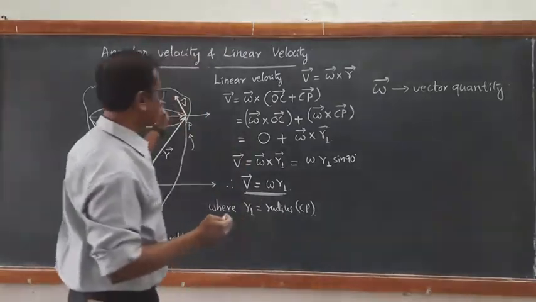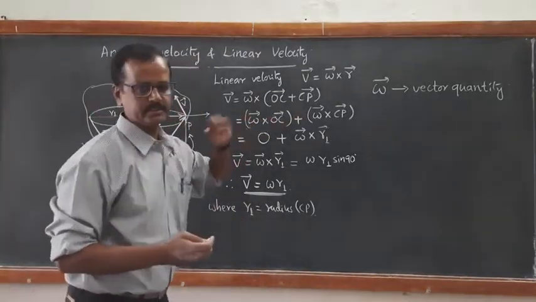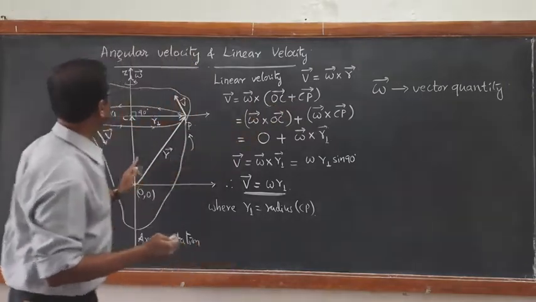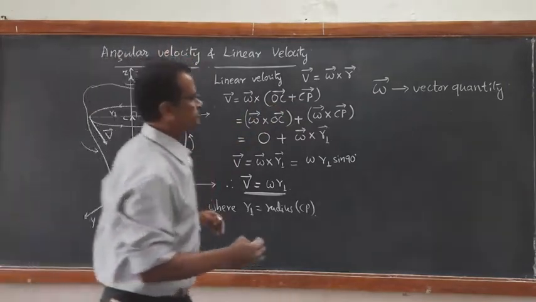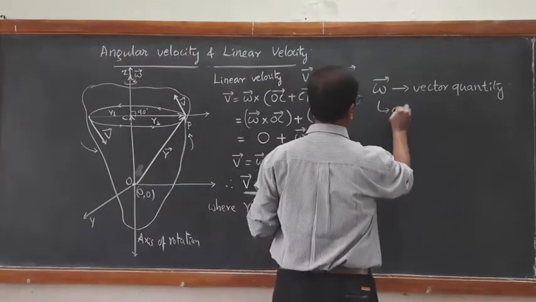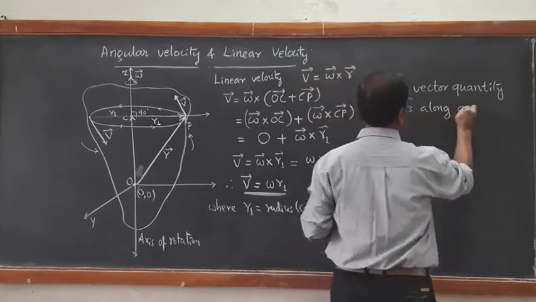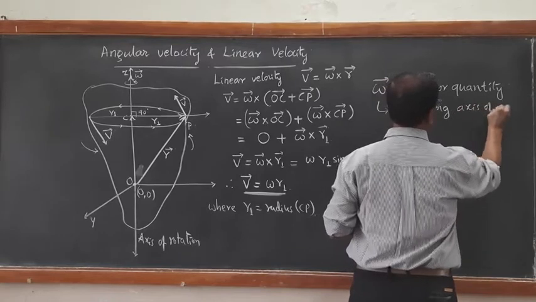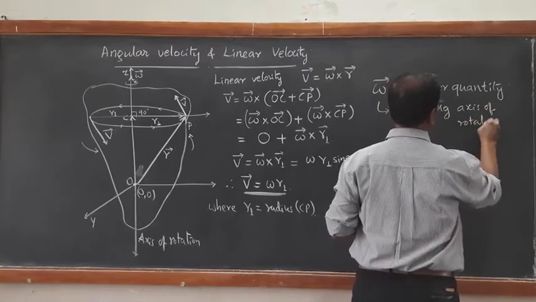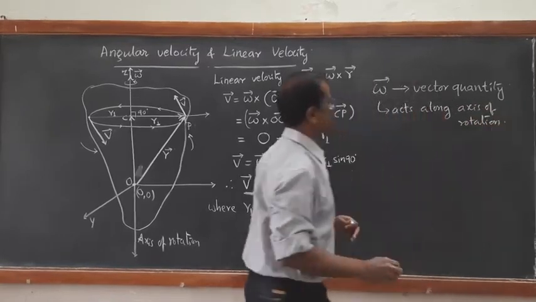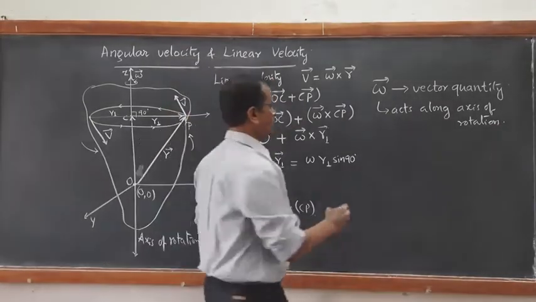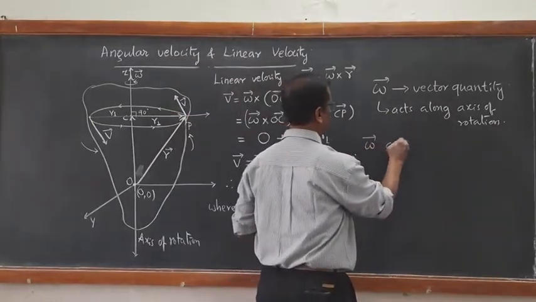If the axis of rotation changes, then omega changes, because omega acts along the axis of rotation.